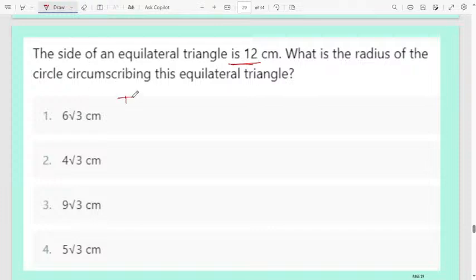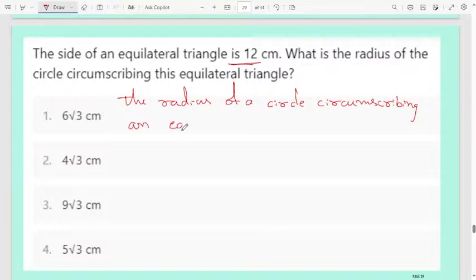I will write here: the radius of a circle circumscribing an equilateral triangle. What is the formula we will use?